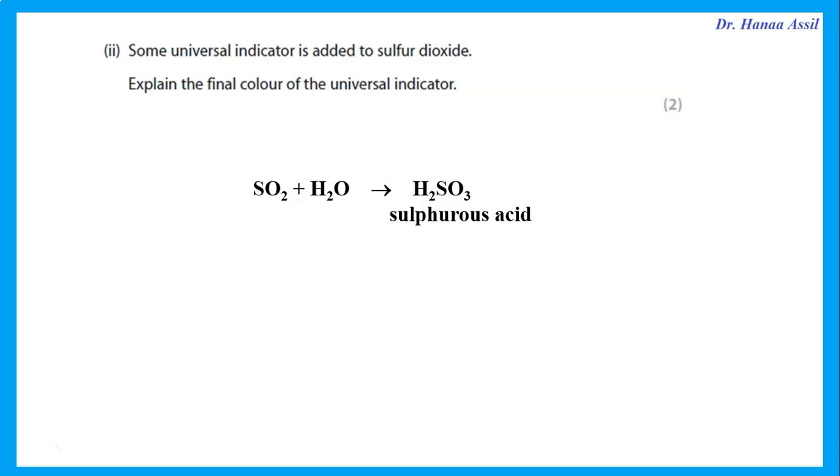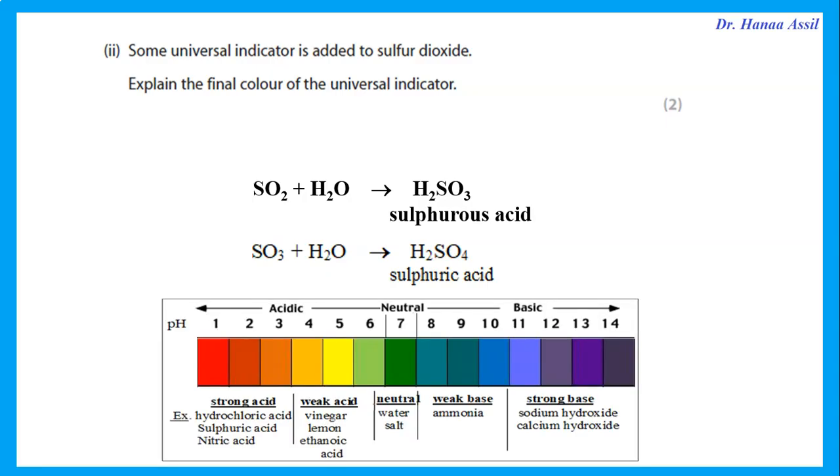But if the sulfur dioxide is oxidized to form sulfur trioxide, then dissolving that in water would form sulfuric acid. So sulfur dioxide is acidic, and that means if we put universal indicator paper, it should turn red.